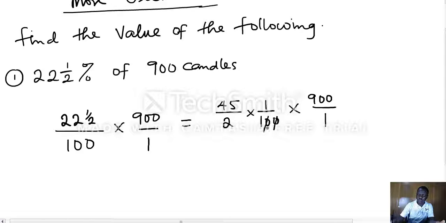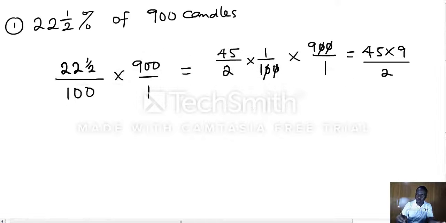These two zeros will definitely go away with these two zeros, leaving us with 45 times 9 divided by 2.